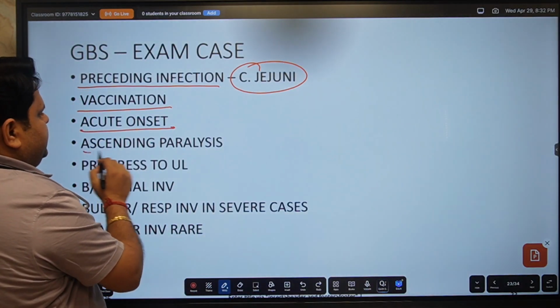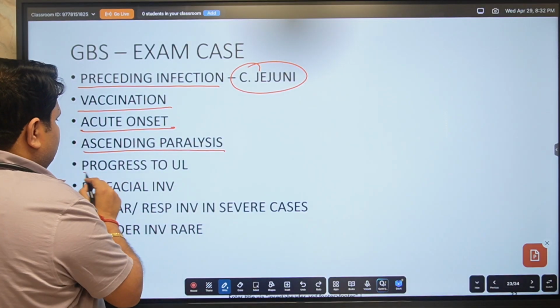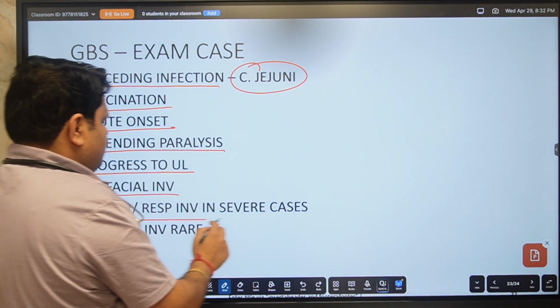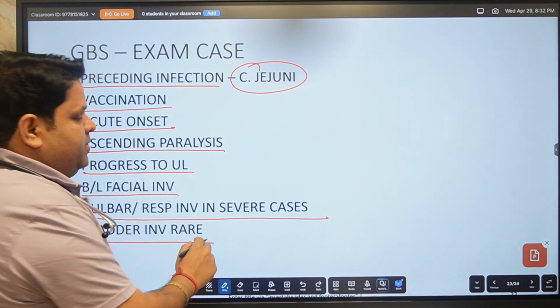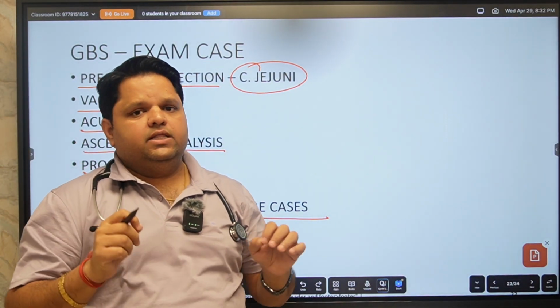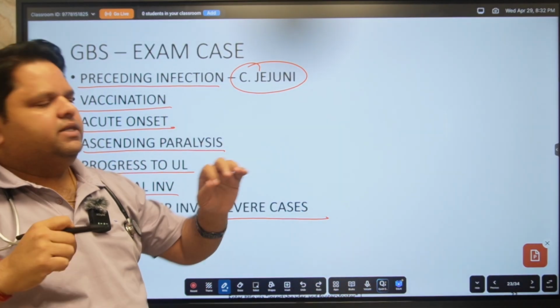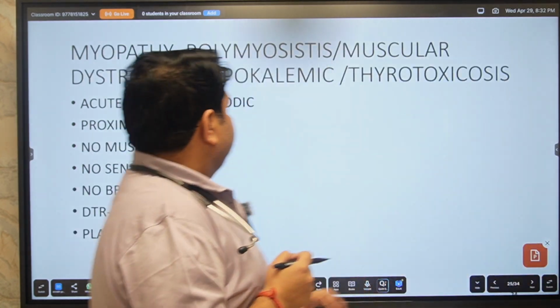Acute onset, ascending type of weakness starting from the lower limb, then progressing to the upper limb, then maybe bilateral facial nerve involvement, and maybe involvement of the bulbar and the respiratory system also. And bladder involvement is usually rare in GBS and maybe sometimes transiently seen, but that is not a major involvement of the bladder.